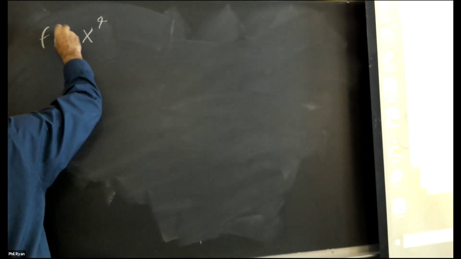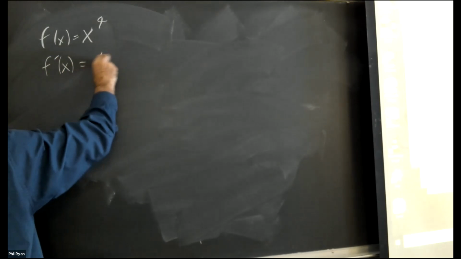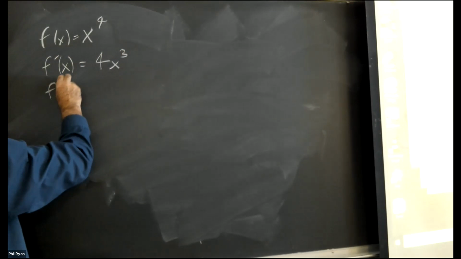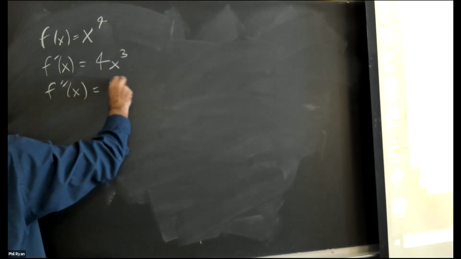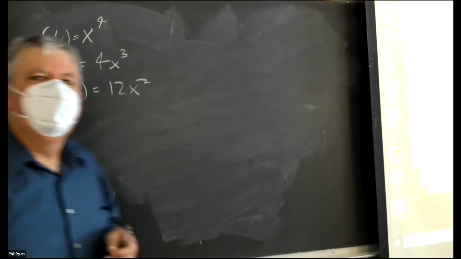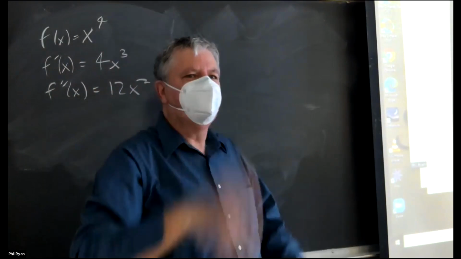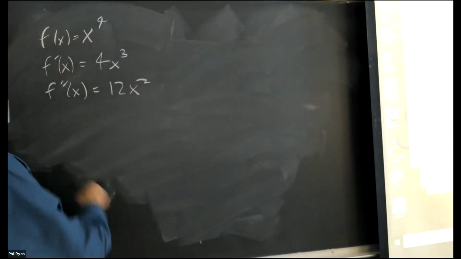X to the 4th. This is a nice easy one because we can differentiate this till the cows come home, right? It's just easy power law. So what's the critical point?